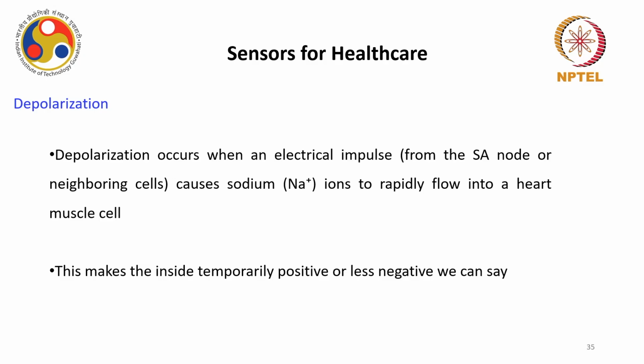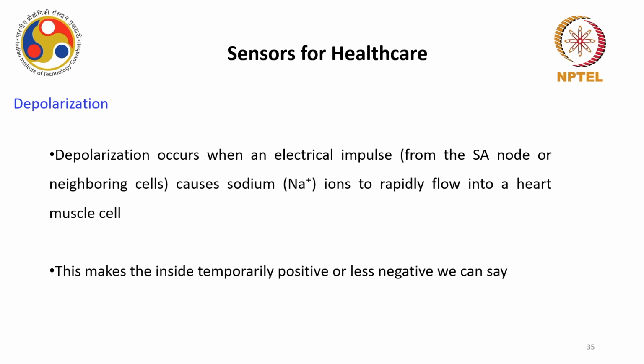And with respect to this we have terms like depolarization and repolarization. Let us quickly understand what we mean by each. Depolarization occurs when an electrical impulse from the SA node to the neighboring cells causes sodium ions to rapidly flow into heart muscle cells. So you are pumping sodium ions, which are positive ions, inside the heart cells.